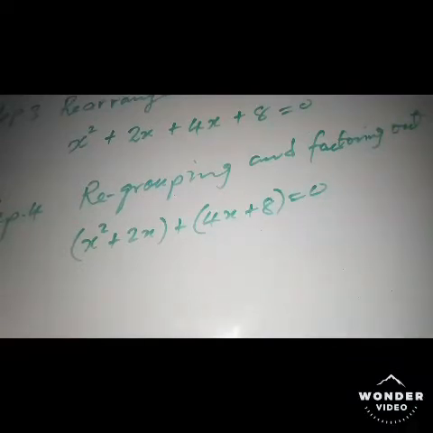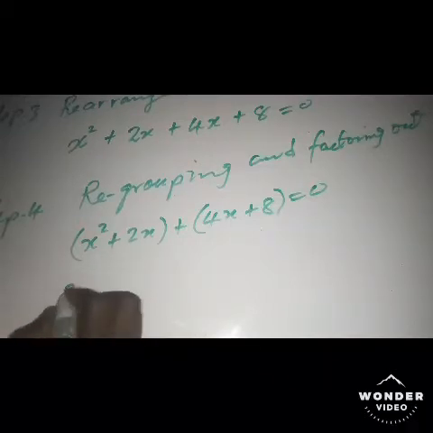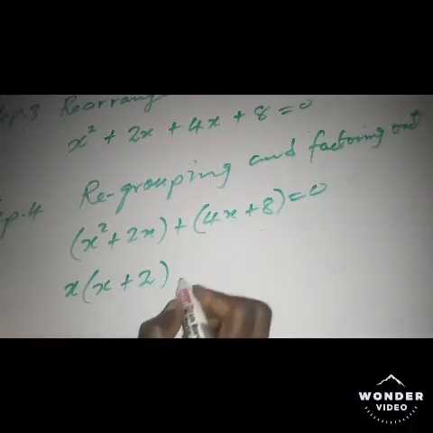I'm not changing anything. So factoring out, I take out all the common numbers and common variables. What is common here is x, so I factor it out: x times (x plus 2).